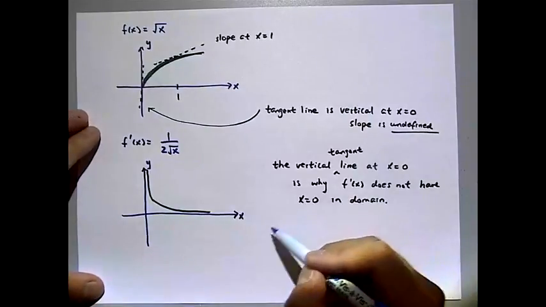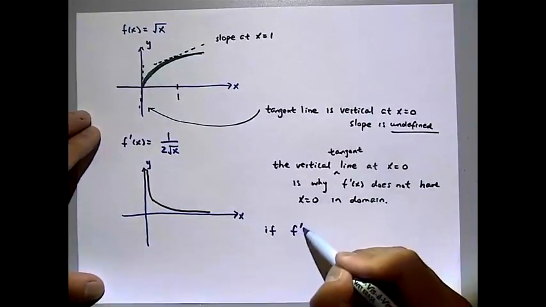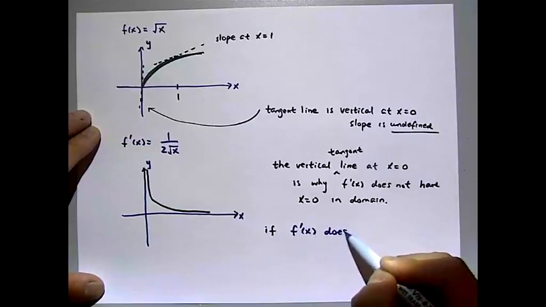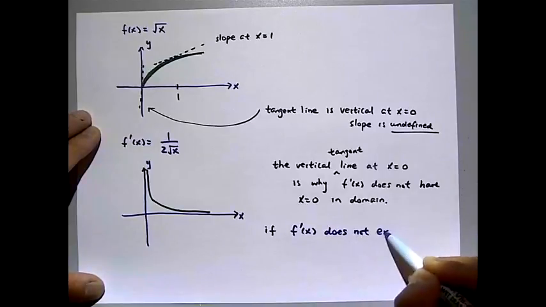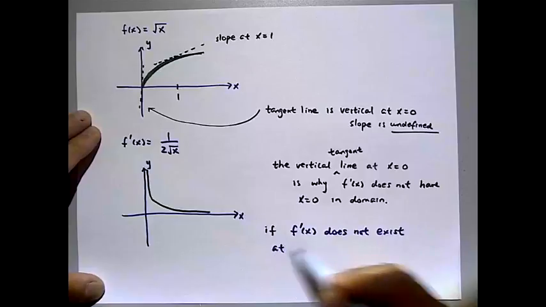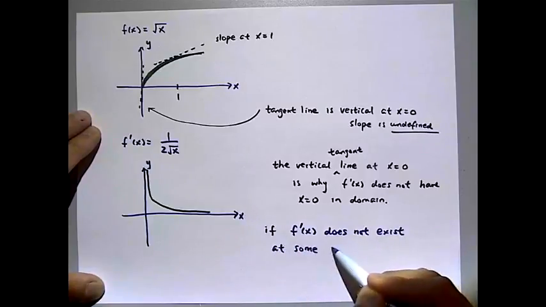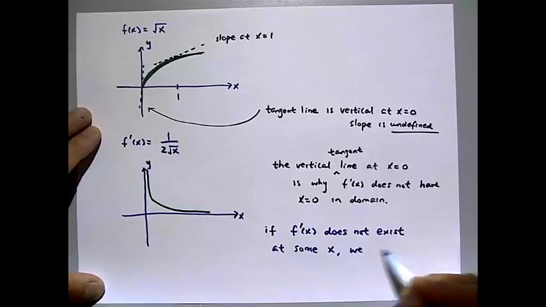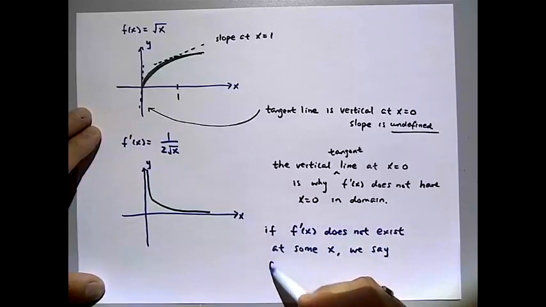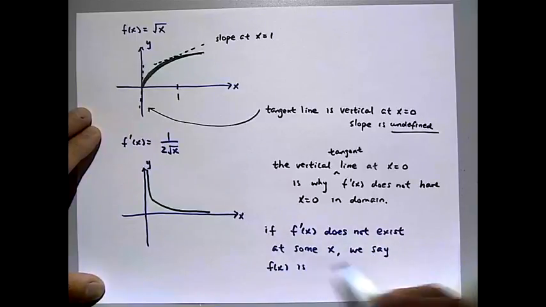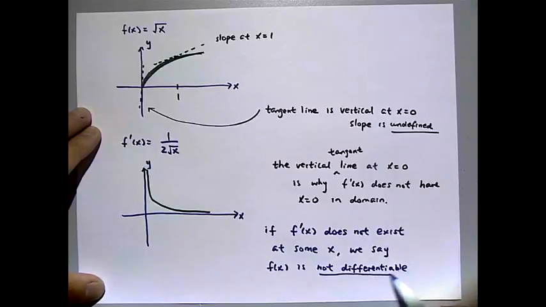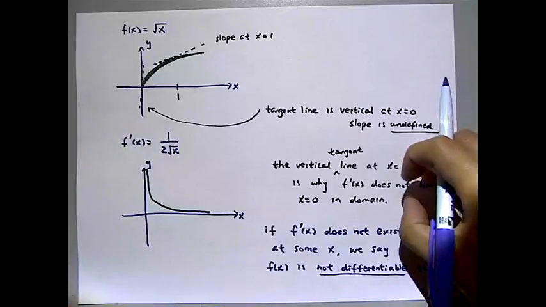Okay, so if f prime does not exist at some x, we say the function is not differentiable at that particular value of x.